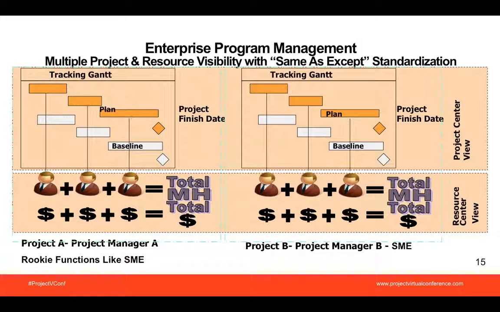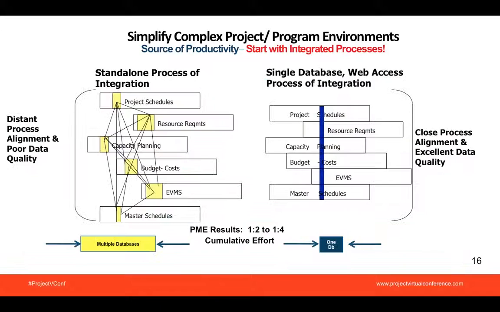A term coined by one of the companies I work with is the PME, or Project Management Effectiveness. If you look at this diagram, you'll see 6 bars on the left for standalone process integration, and the width of every yellow bar represents the amount of effort by the program manager to schedule a project, then to work through the resource requirements, which is in a different database, do the capacity planning either in the resource requirements database or somewhere else, track his budgets and costs in another place, perhaps do earned value at the bottom, or perhaps do master schedule, which isn't as common except for aerospace.